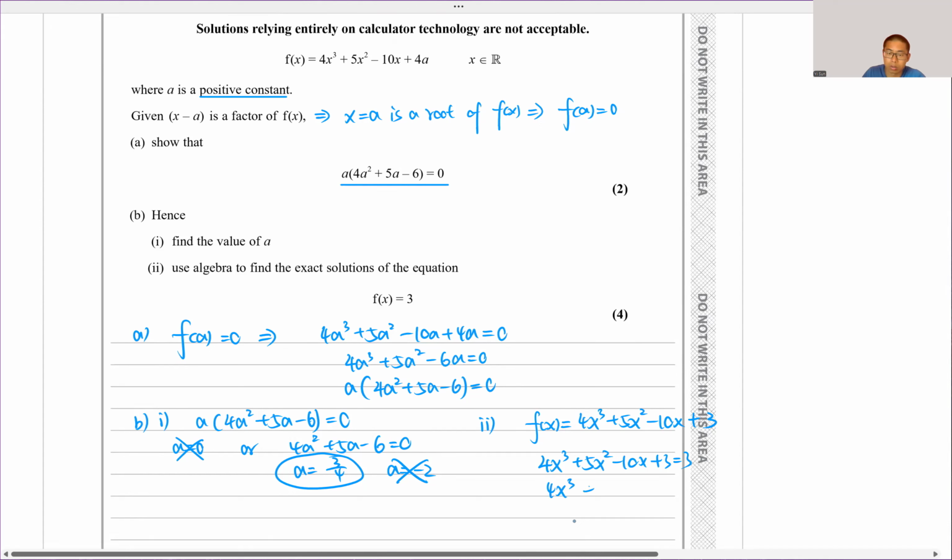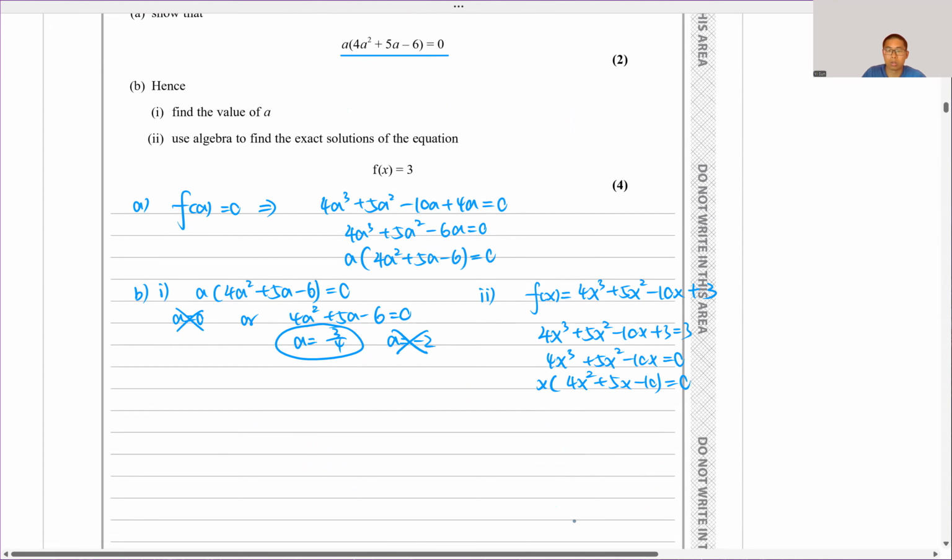Then 4x cubed plus 5x squared minus 10x equal to 0. Factorize out x, we have 4x squared plus 5x minus 10 equal to 0. So x equal to 0 or 4x squared plus 5x minus 10 equal to 0. Again, put the quadratic into the calculator.